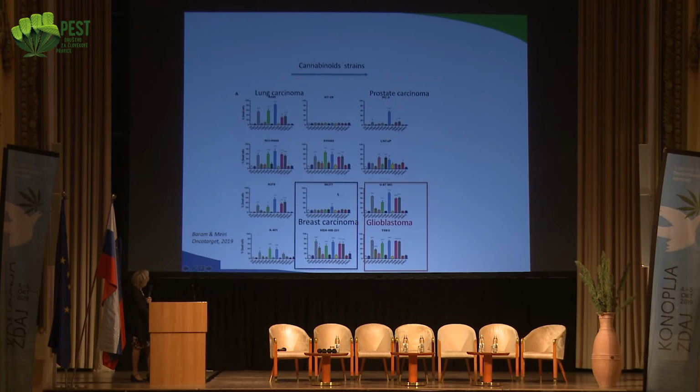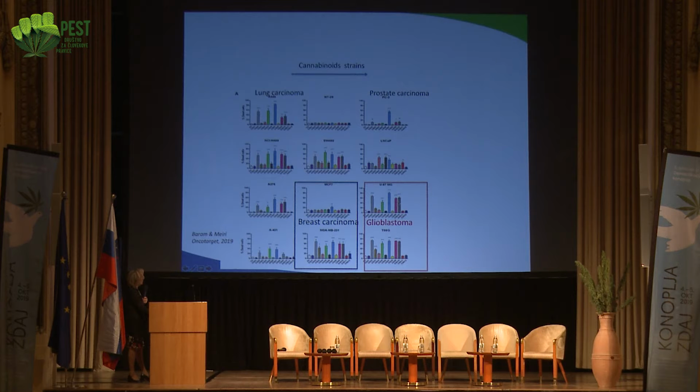And so in breast, we have seen that 2 different types of cells, still breast cancer, but genetically different breast cancer cells, can respond very differently. This one is not responding to any of the cannabinoids, and this one is really increasing the cell death of various strains that were used.